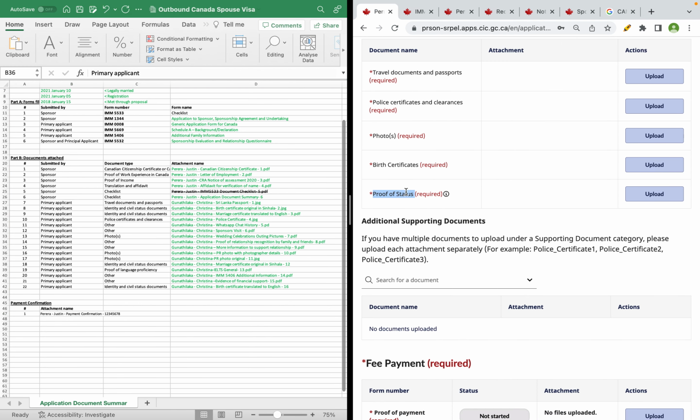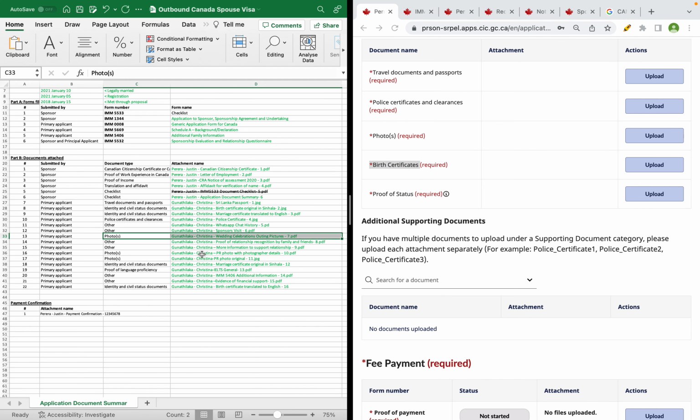Okay, proof of status is the primary applicant, sponsors. Let's go from bottom to top. Primary applicant also, they don't ask for any birth certificate, nothing. Birth certificate is requested of the primary applicant, so this is primary applicant. Sponsor, they are not asking for photos, but it's asked at this point.